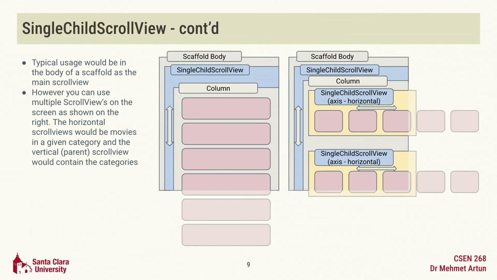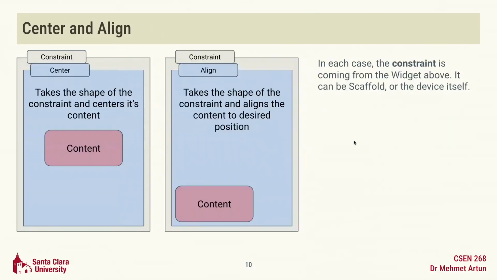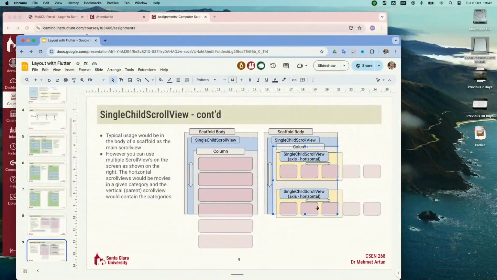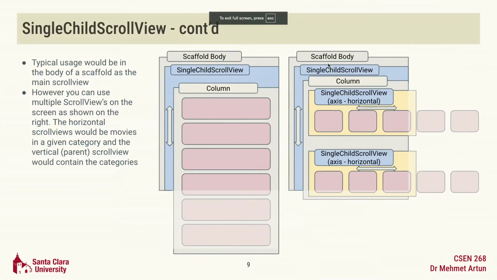Actually, I should be extending this down. Okay, so the column is bigger than the scroll view, but it sits inside the scroll view and it becomes scrollable.